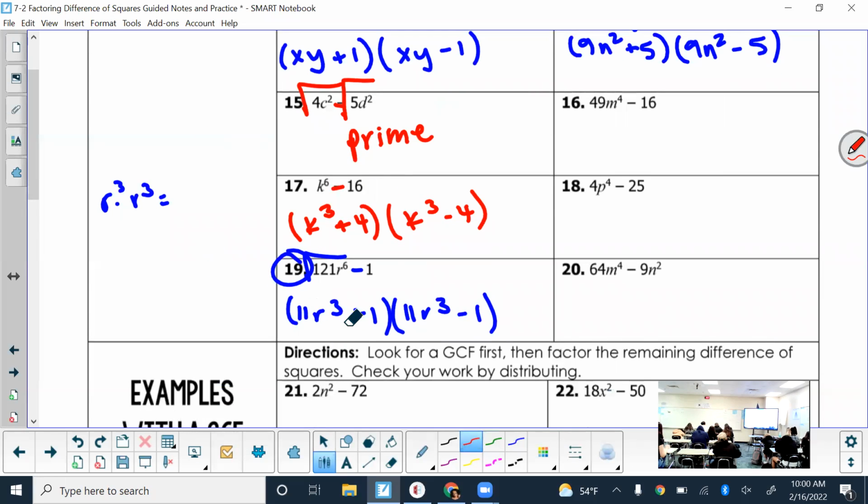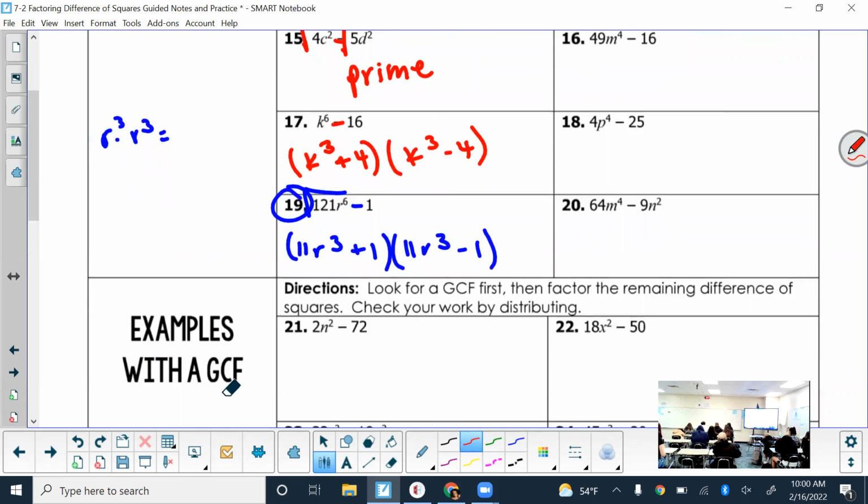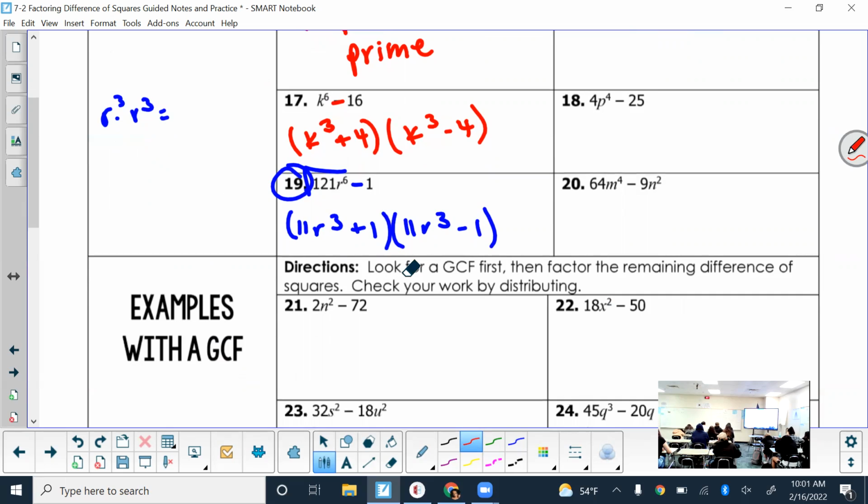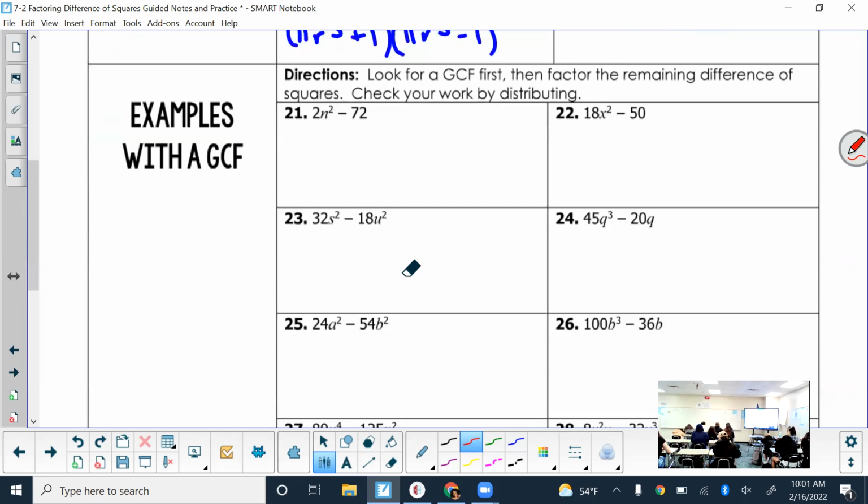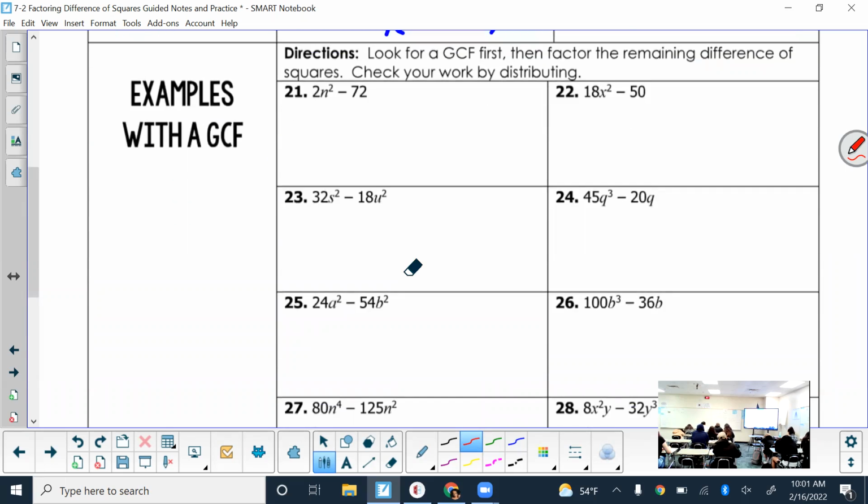All right, bear with me. This next part is a little more challenging, so I need your full attention. All right, so examples with GCF. Once you learn all the factoring methods, the first step should always be to check for a GCF first.